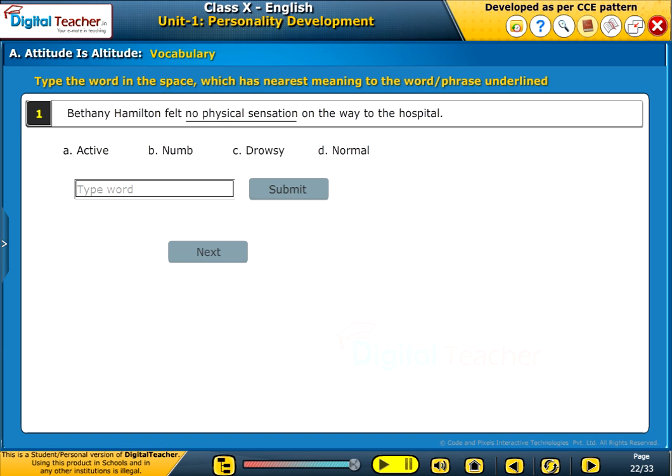Type the word in the space which has the nearest meaning to the word or phrase underlined.